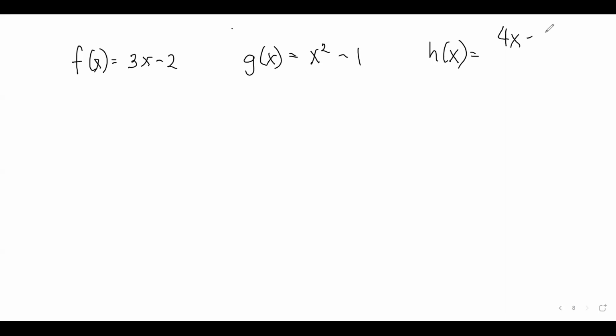Okay. We have f of x is equal to 3x minus 2. Siya na naman. G of x is equal to x squared minus 1. Tapos h of x is equal to, let's say, 4x minus 2 over 3x. Ayan. Find the following. 5 lang to.